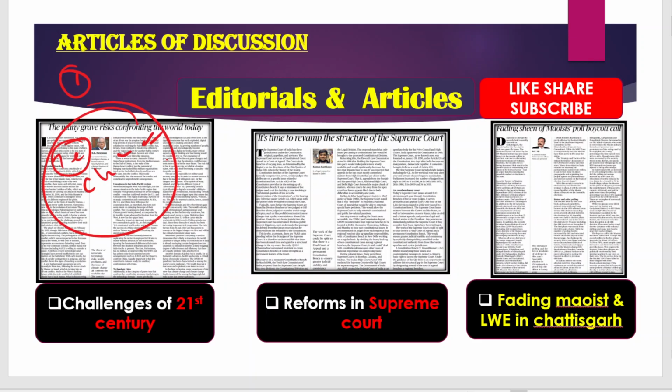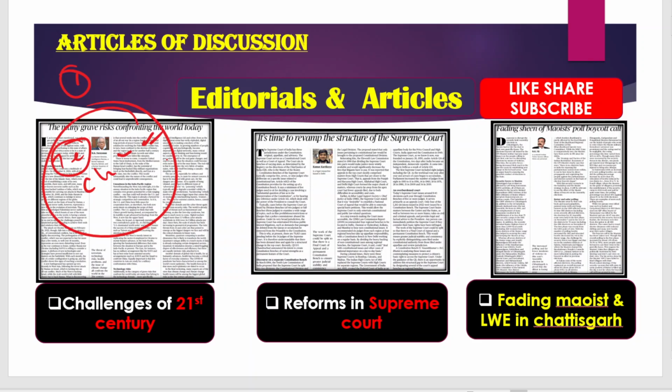The third article is related to fading Maoism or left wing extremism in Chhattisgarh. Maoism or left wing extremism is a challenge to India's internal security, and to deal with internal security, we have to deal with LWE or Maoism.